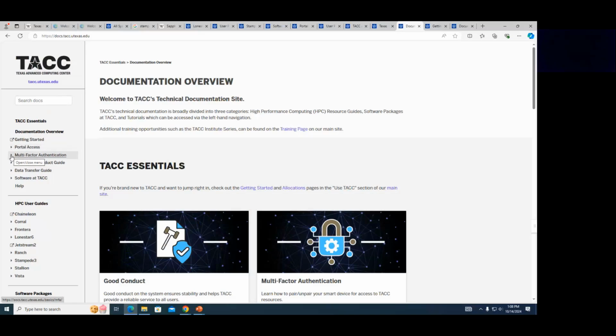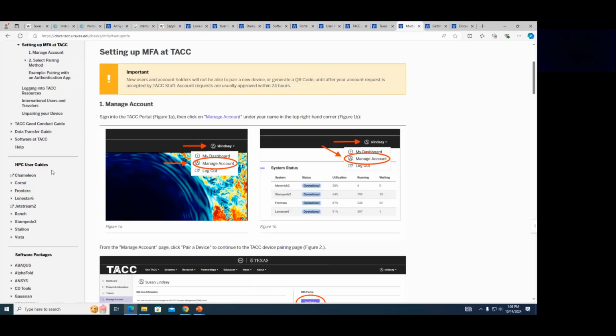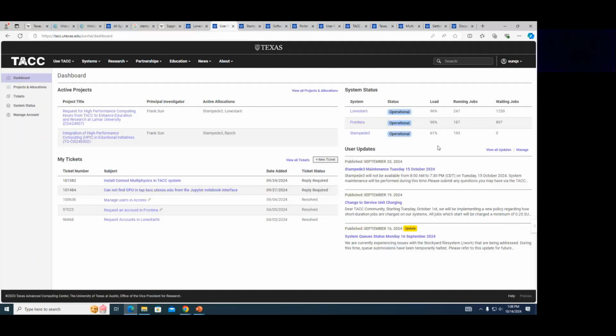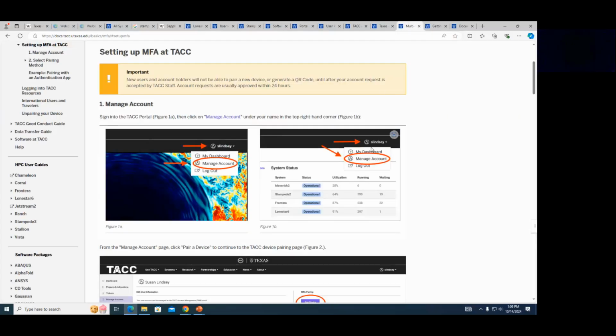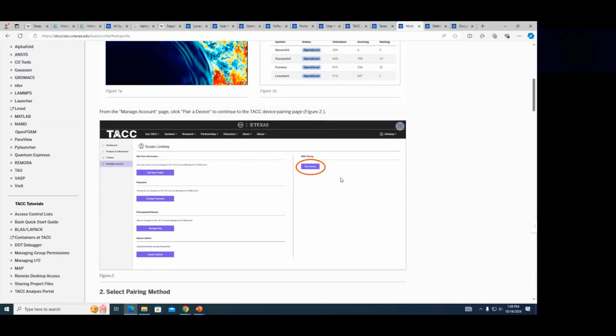On top here has multi-factor authentication and setting up your account for multi-factor. After you log in, this is your username. You need to go to manage account. You see here has the picture. So your username, manage account, and then you need to pair device.